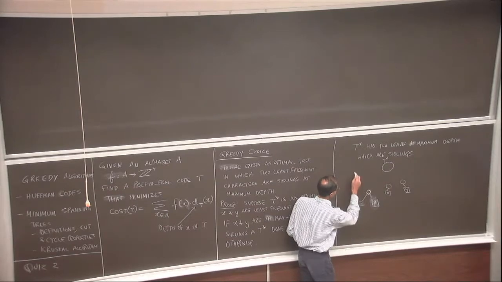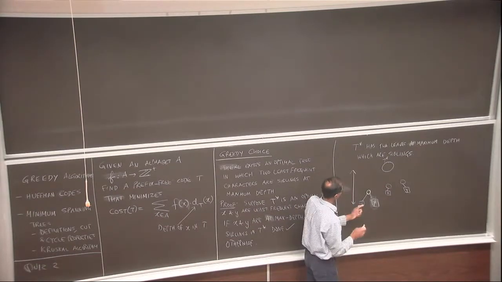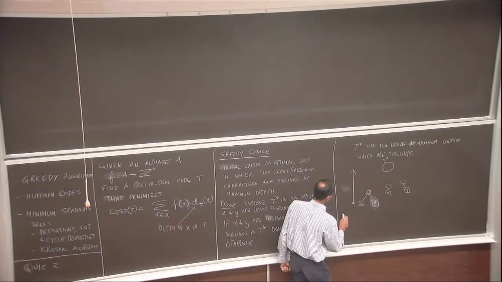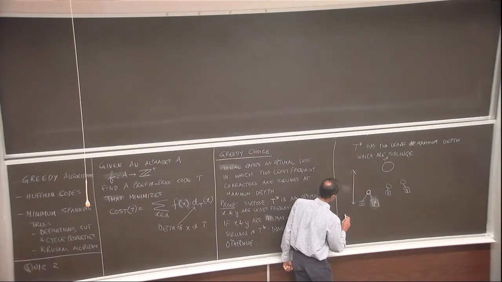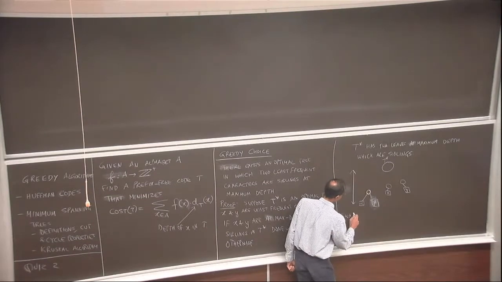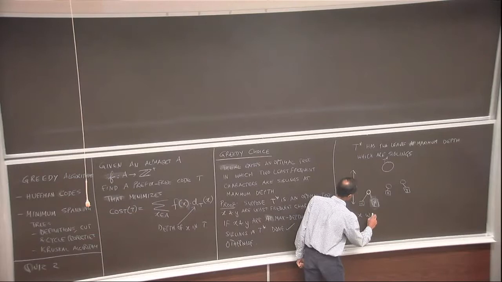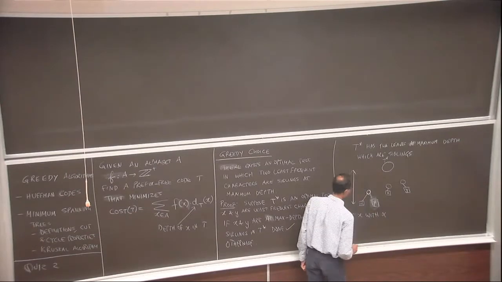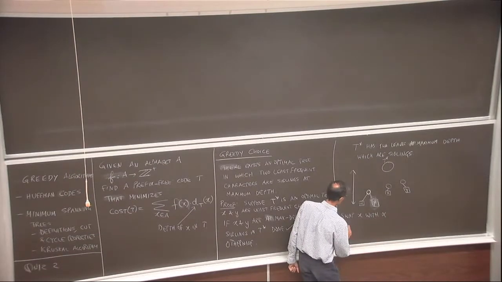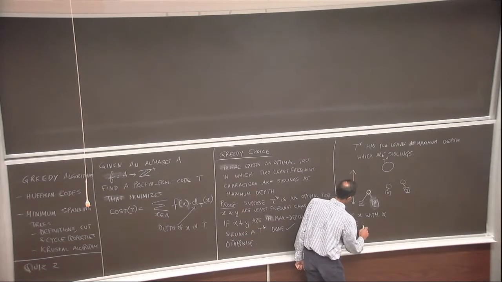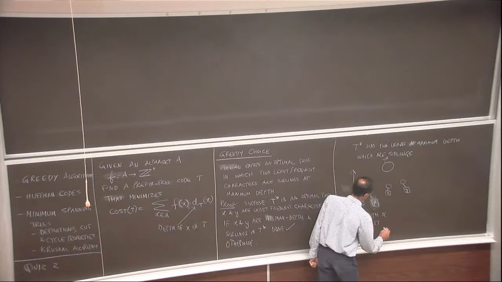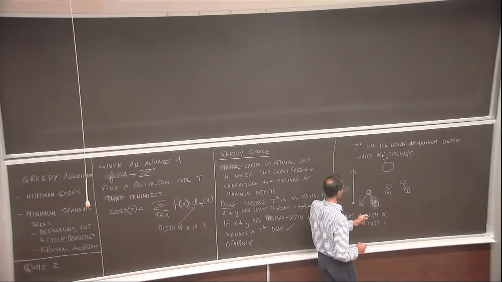So let's just do the one swap. Swap X with alpha. So what's the change in cost? What's the new cost for X?